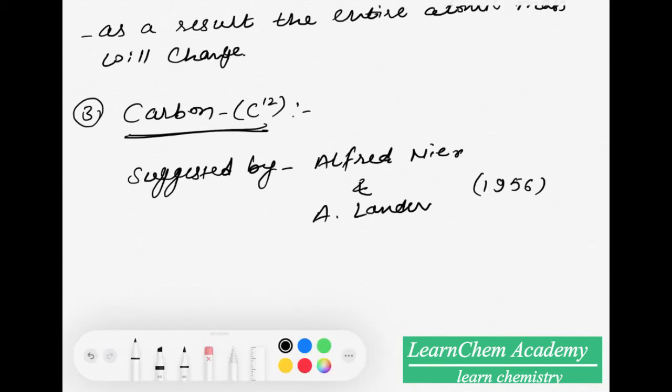So carbon is now used as a reference. Why is carbon used as a reference? Because it is widely used in mass spectroscopy as a standard element, because it has zero mass defect. The mass of carbon 12 is exactly 12 AMU.